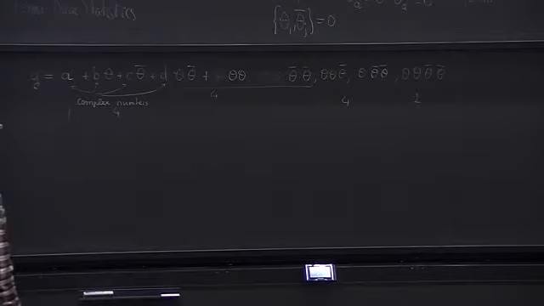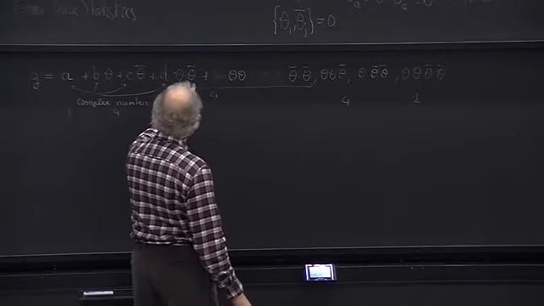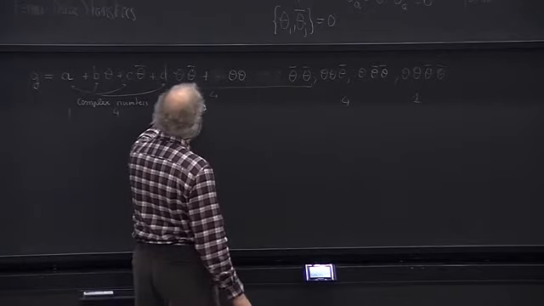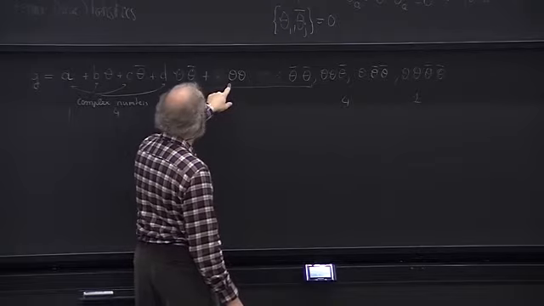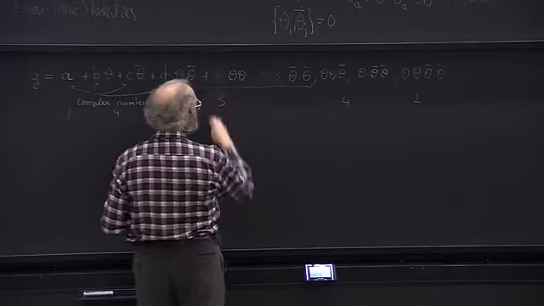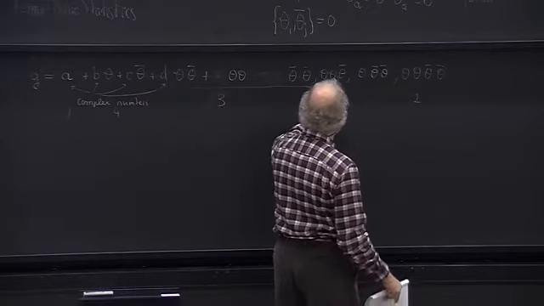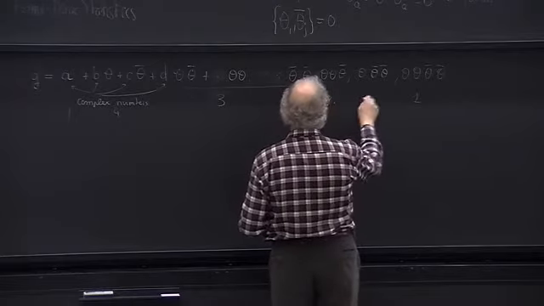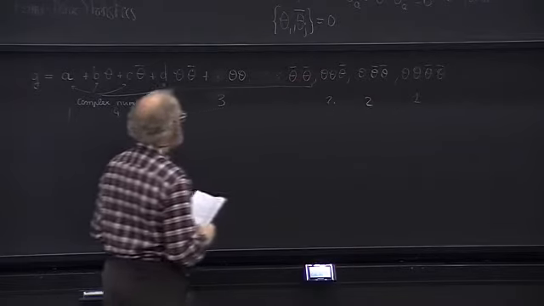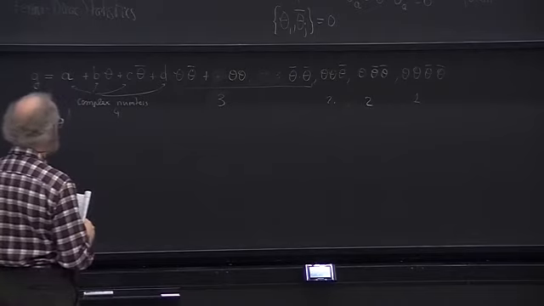No, I made a mistake. No, this is theta 1, theta 2. This can be theta 1. No, I'm sorry. These are 3 possibilities. And here there are 2 possibilities, and 2 possibilities, which should sum out to 16.